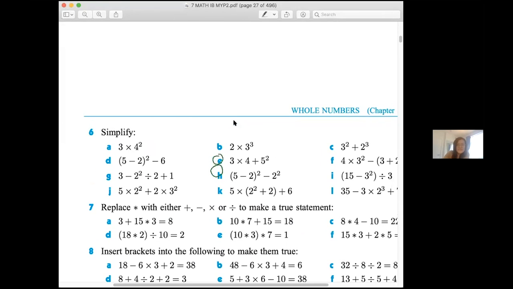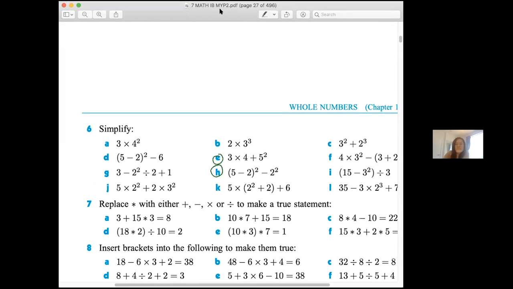It says 3 times 4 plus 5 to the power of 2. So according to BEDMAS, we have to do brackets first, but there are no brackets. So now we move on to the next one, which is exponents. And we have an exponent here, which is 5 to the power of 2. So 5 to the power of 2 basically equals 5 times 5, not 5 times 2.